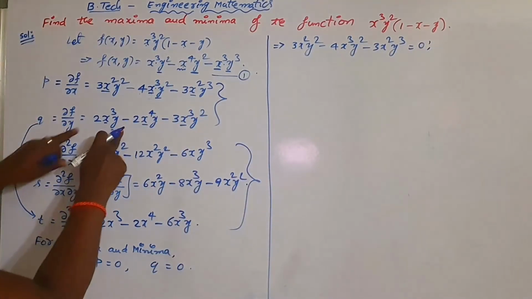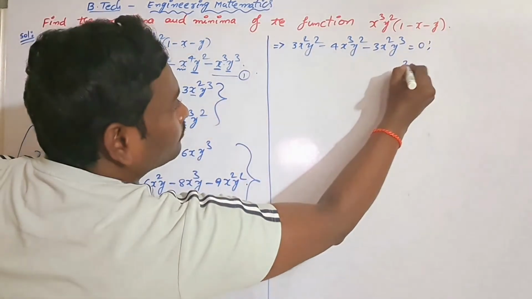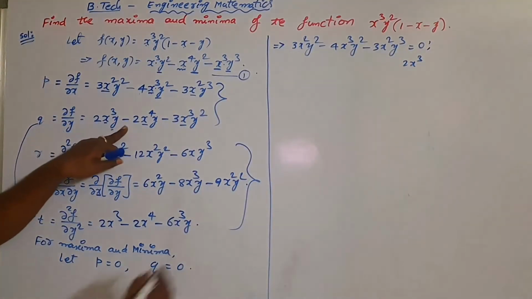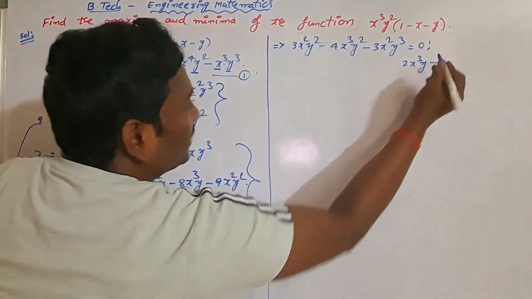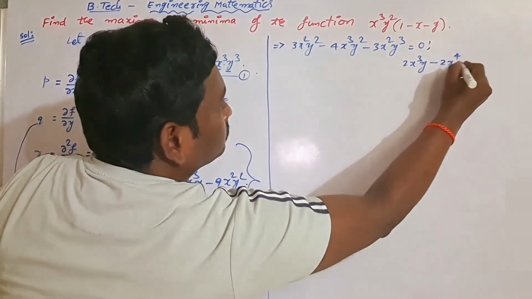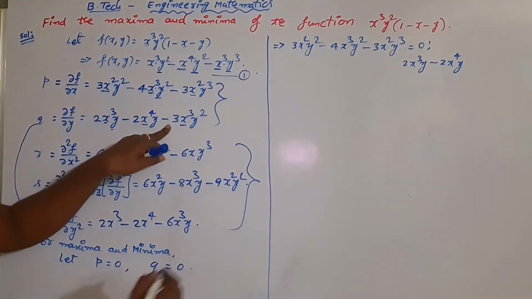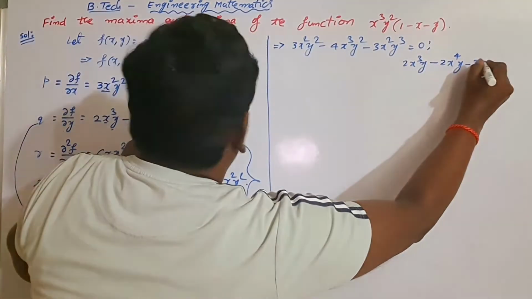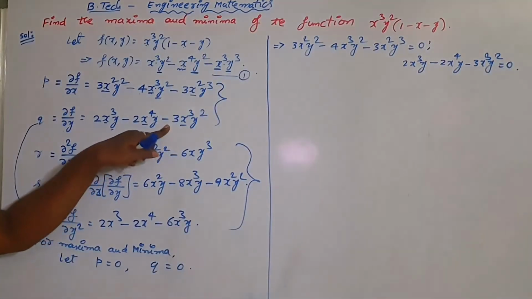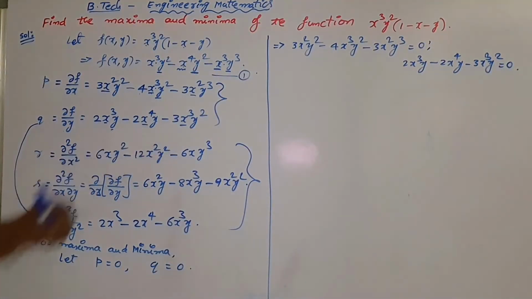What is q? 2x cube y minus 2x power 4 y minus 3x cube y square is equal to 0. So we have to solve these both equations now.